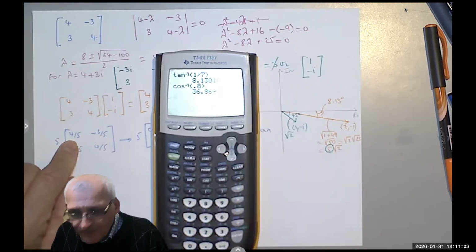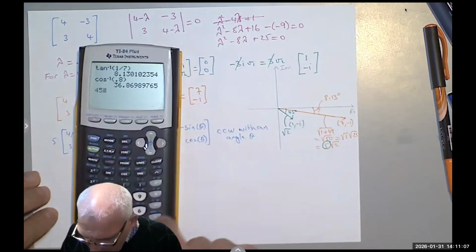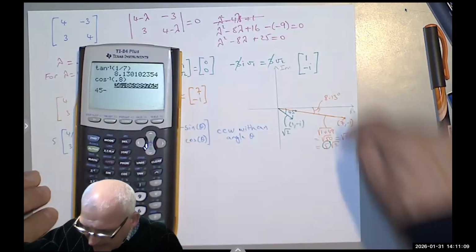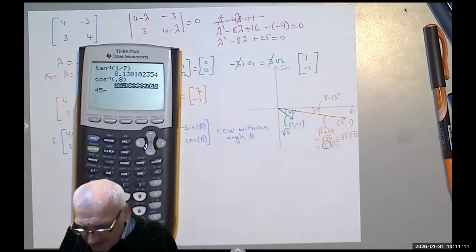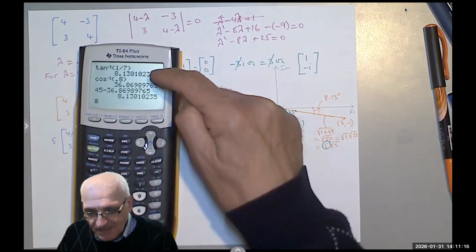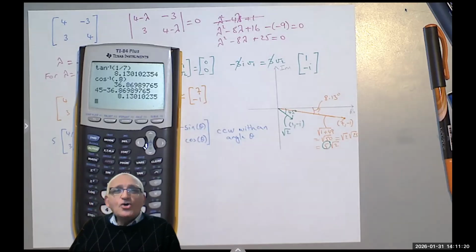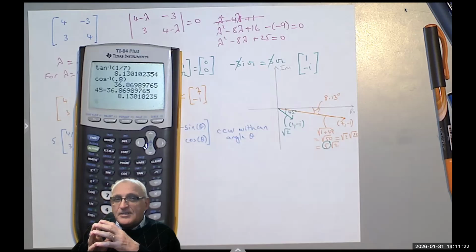What is that? 36.87. But the original angle was 45. So when I rotate counterclockwise, meaning I decrease it by this amount, what do I end up having? 8.13.